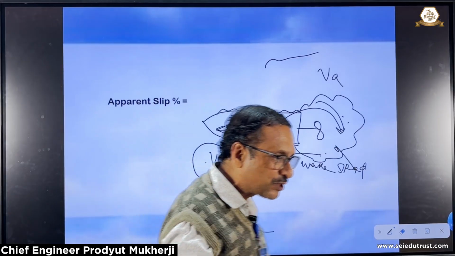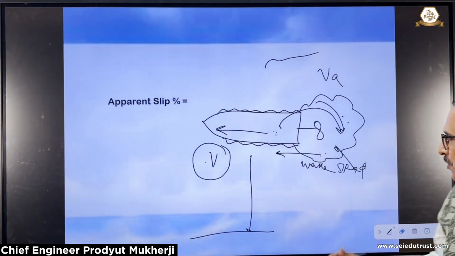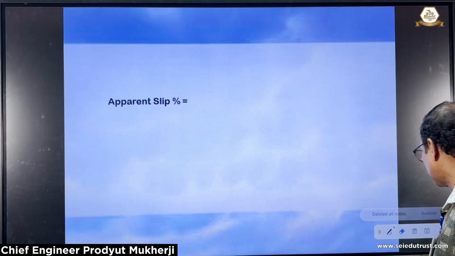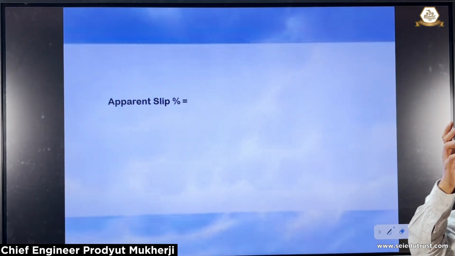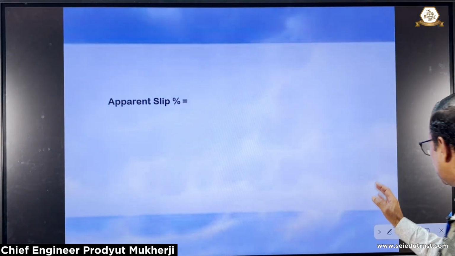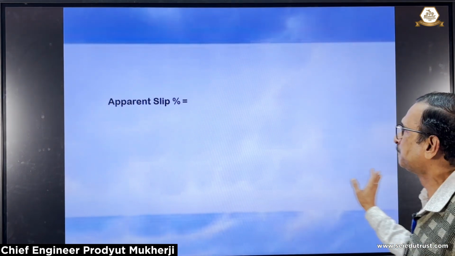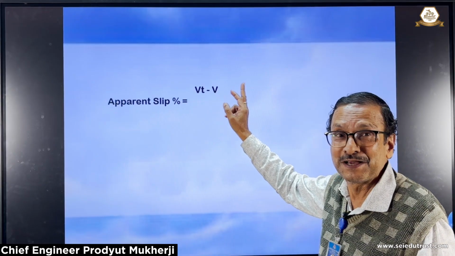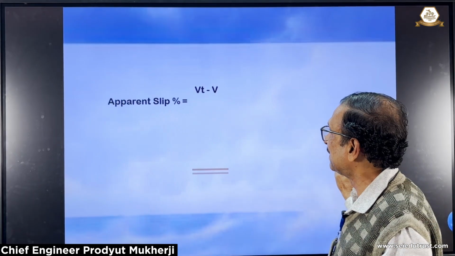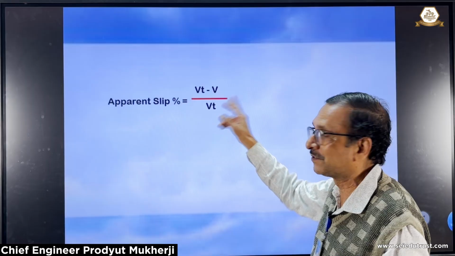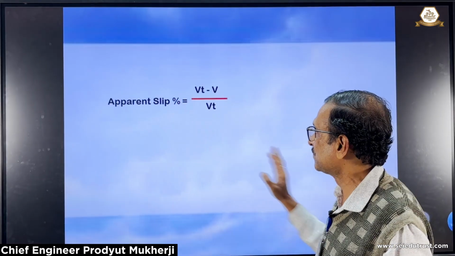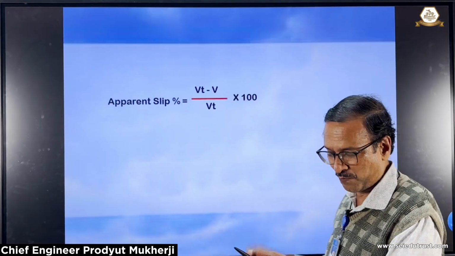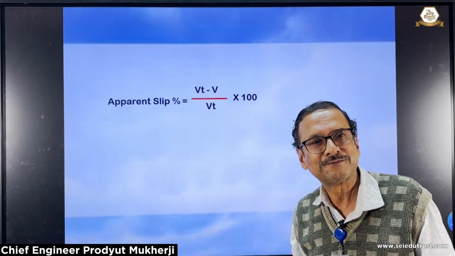So with these three speeds, theoretical speed Vt, ship speed V, and speed of advance, we shall go through some simple formula now. So apparent slip is the theoretical speed minus ship speed divided by the theoretical speed, and since it is a percentage, we have to multiply it by 100.